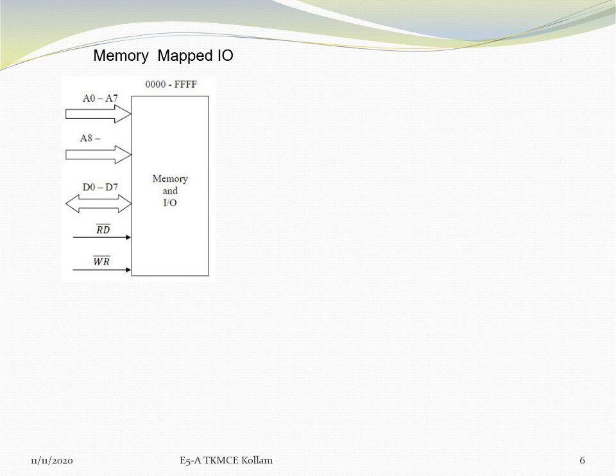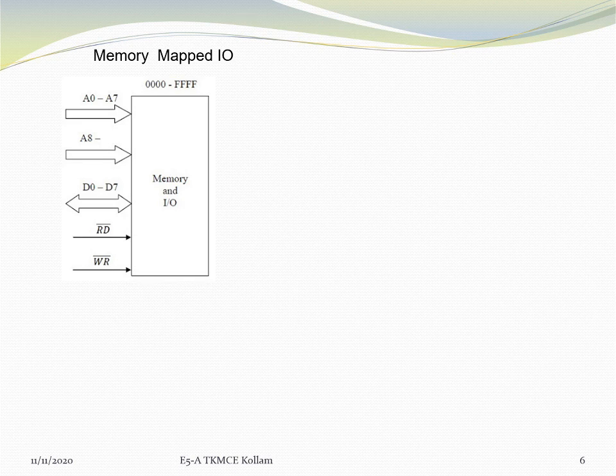So, in memory mapped I/O scheme, the same address space is used for both memory and I/O devices. The microprocessor uses the 16-bit address lines A0 to A7 and A8 to A15, that is LSB address and MSB address, for memory as well as for I/O devices.